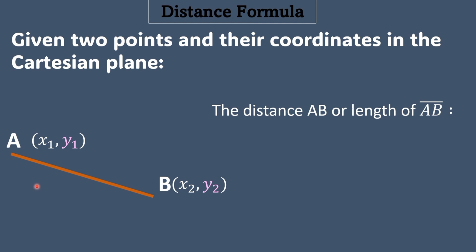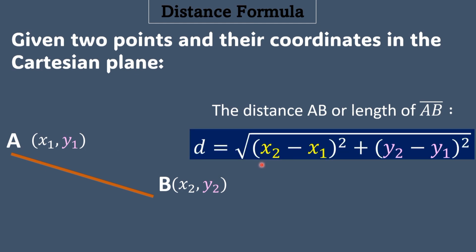The distance AB, or the length of segment AB, is equal to D, the square root of the square of the difference of the 2 x's plus the square of the difference of the 2 y's.